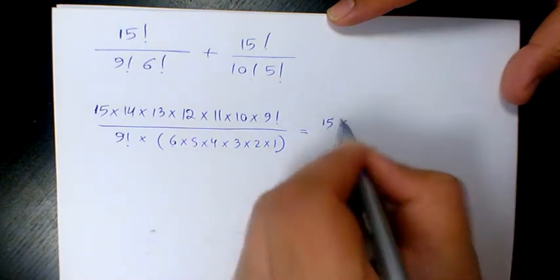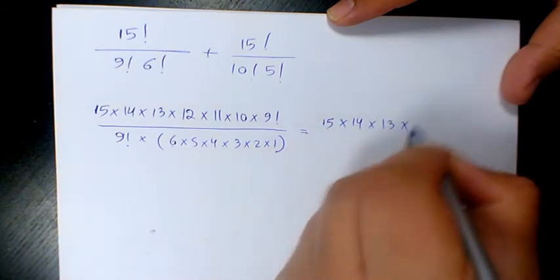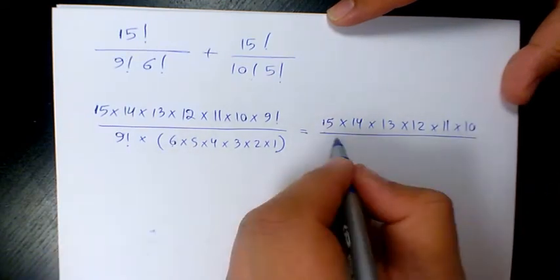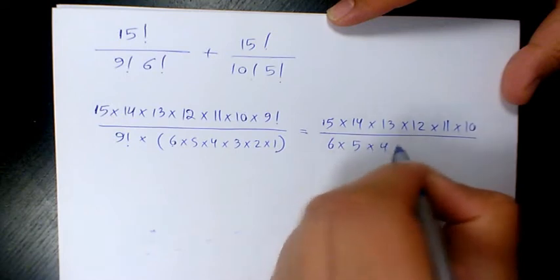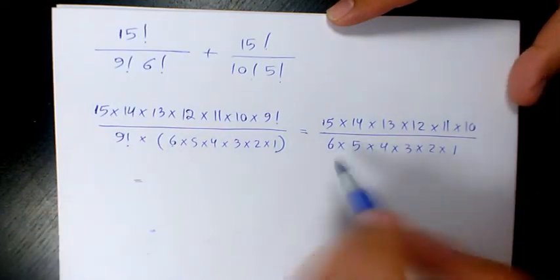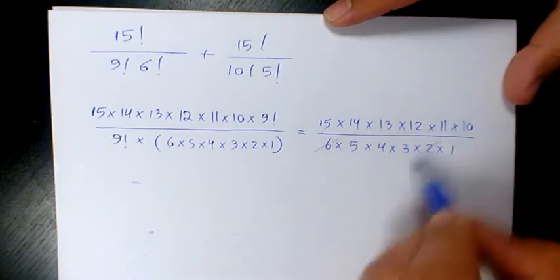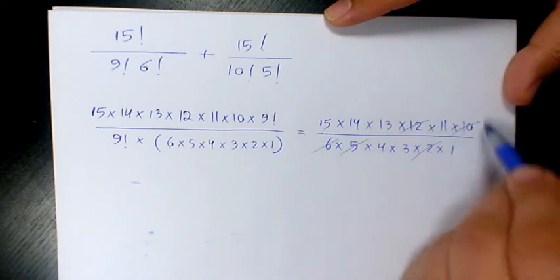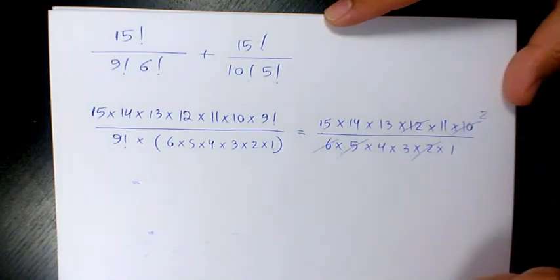So we have 15 times 14 times 13 times 12 times 11 times 10 divided by 6 times 5 times 4 times 3 times 2 times 1. Now what you see here, 6 and 2 is going to be 12. They cancel out with 12. 5 and 10 cancel out, and you're going to end up having 2 there.